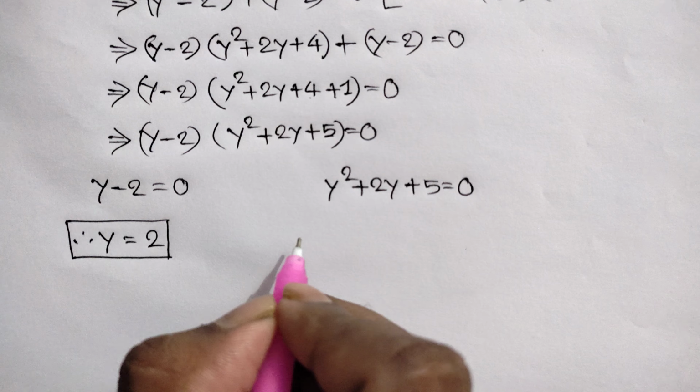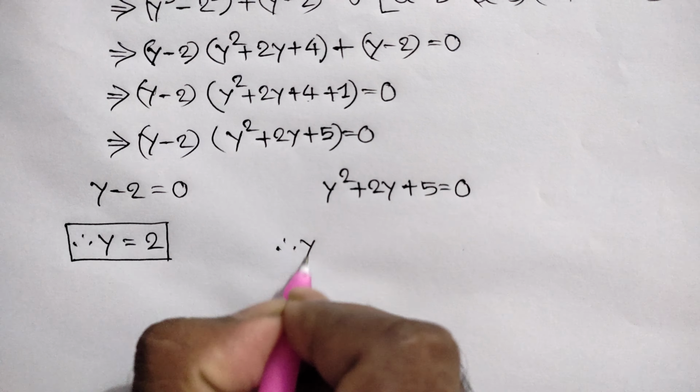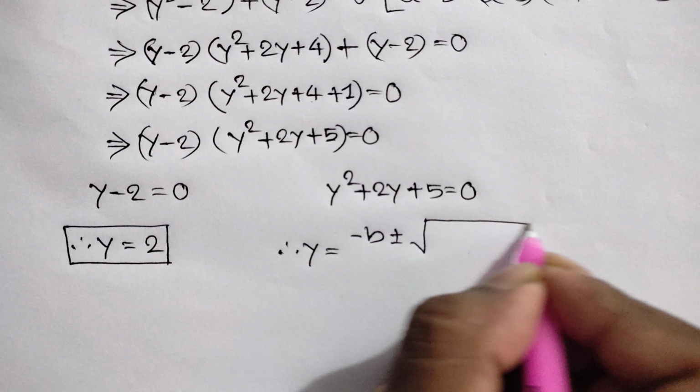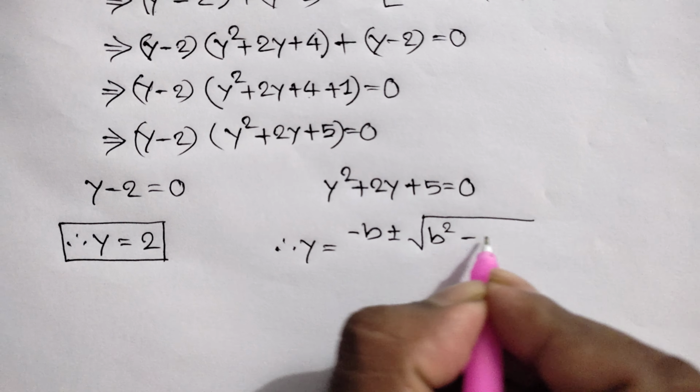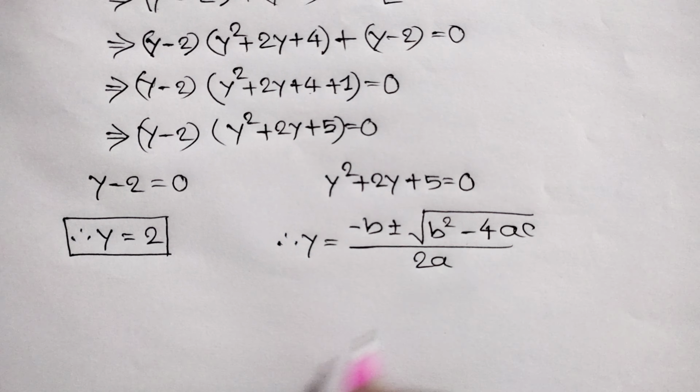Now for the other case we can use the quadratic formula: y is equal to negative b plus or minus square root of b square minus 4ac over twice a.